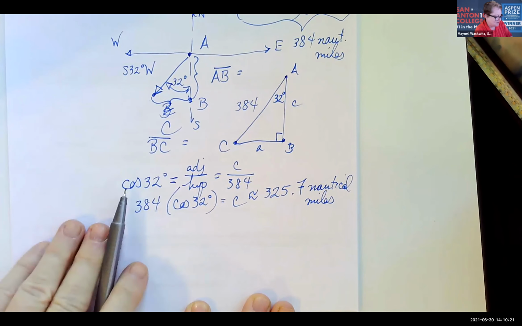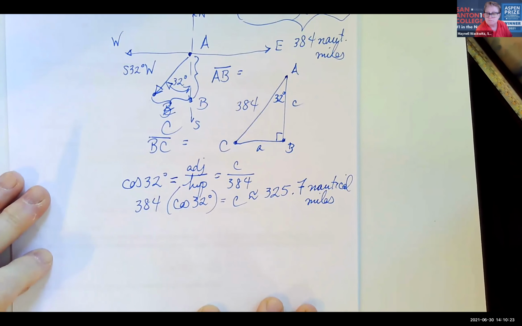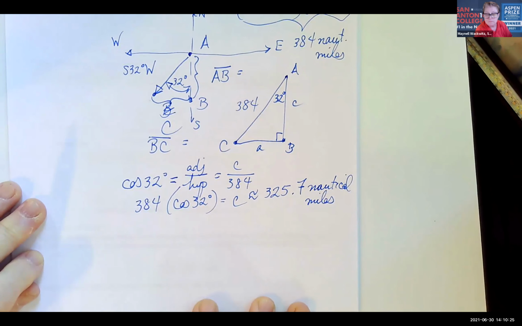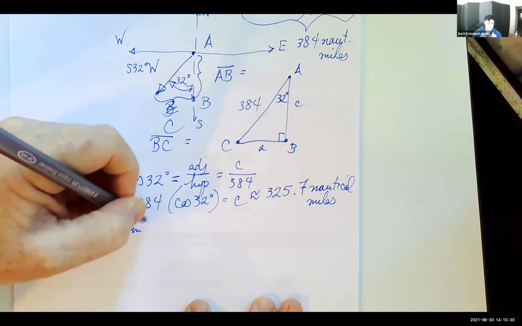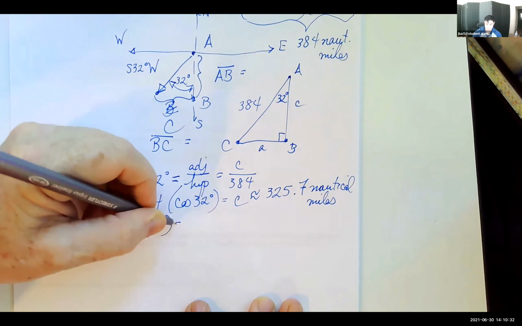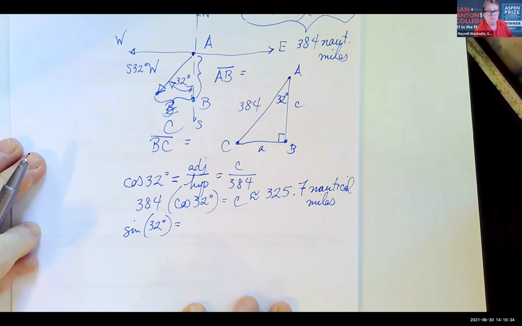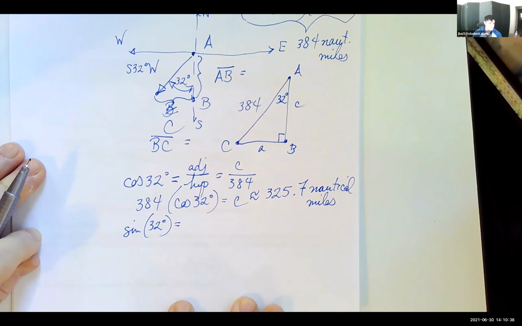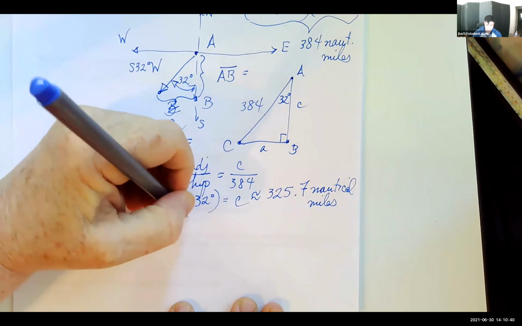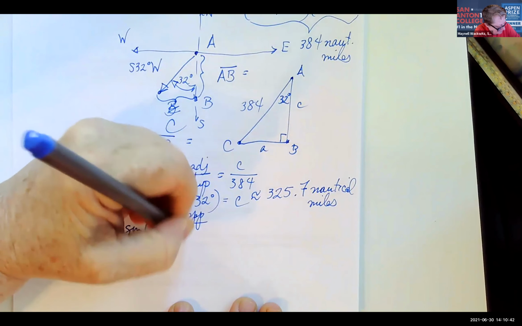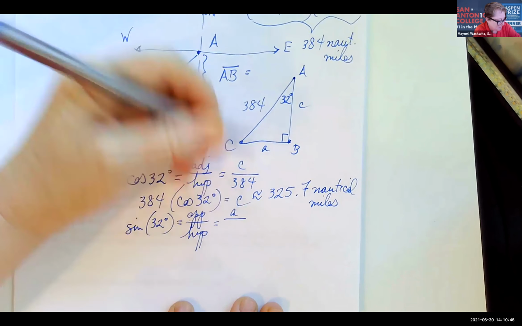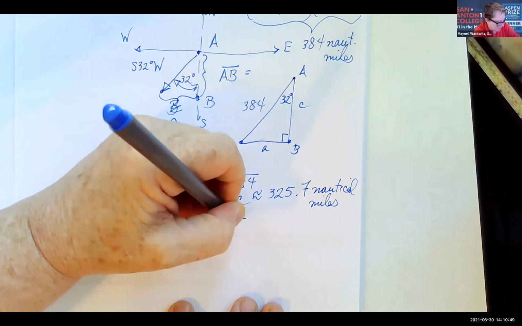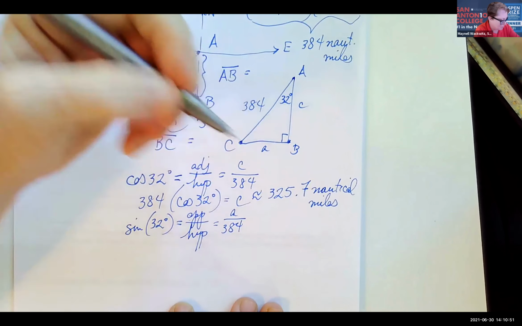Instead of using the cosine of 32, what will we use? Sine. Sine is what over what? Sine is opposite over hypotenuse. Good. Opposite will be little a. Hypotenuse is 384. And again, we're going to multiply.